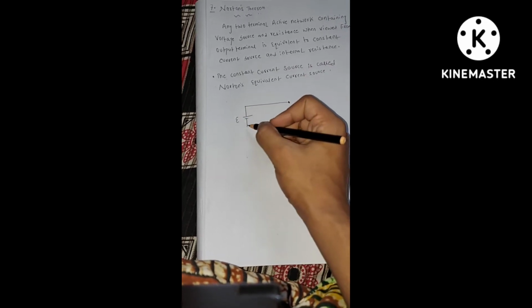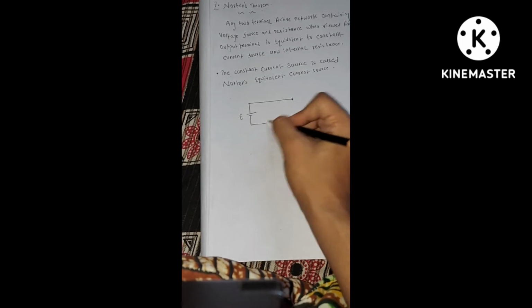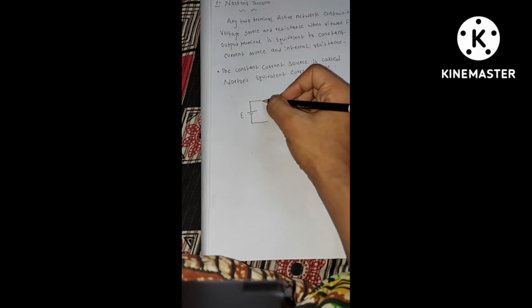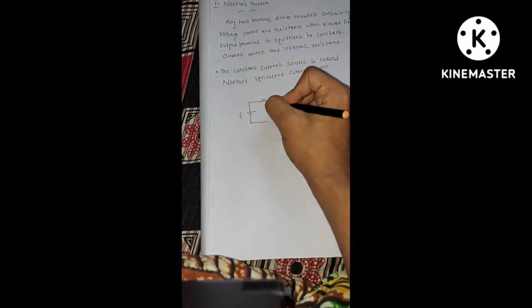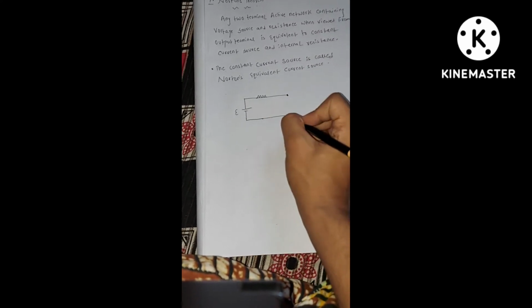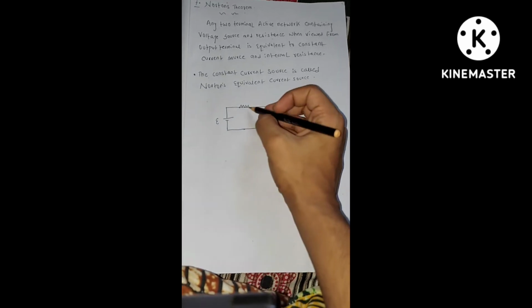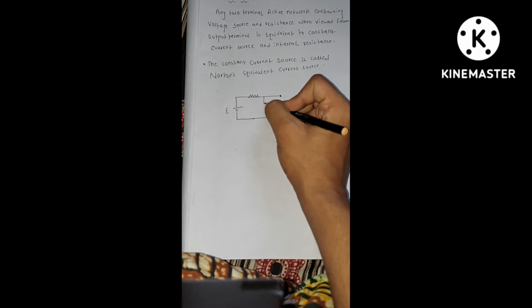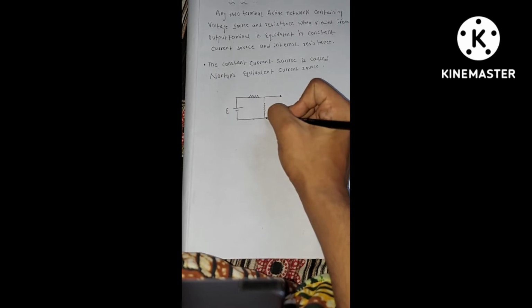Now there is a resistance, so here is some resistance. So in this circuit there is some resistance. When viewed from the output terminal, there is a resistance and one more resistance, R2.